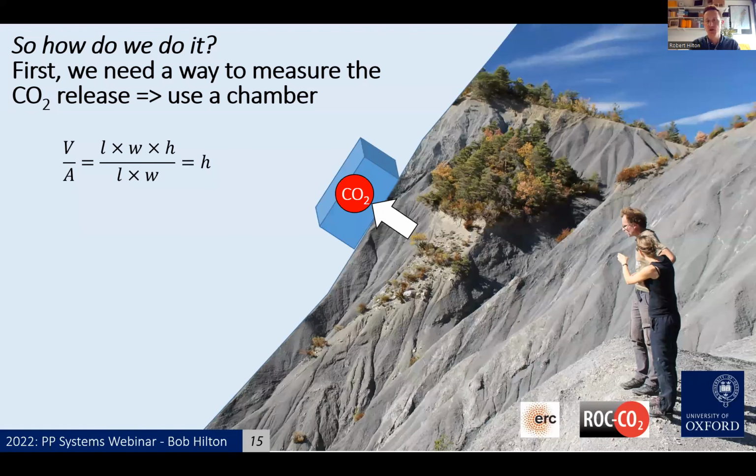So the key metric of a chamber is the volume to surface area ratio, and this is what this equation is showing you. What's the volume of that chamber and its area? It actually scales with its height. So if you want to maximize your signal, you want to make the height as small as possible, because that increases the amount of area you've got compared to the volume of your chamber.